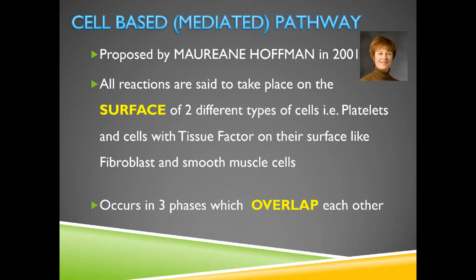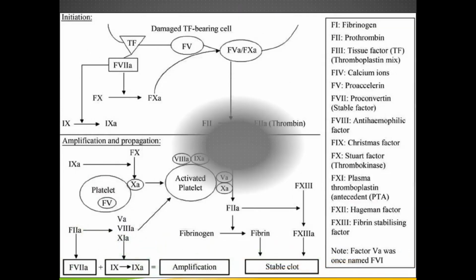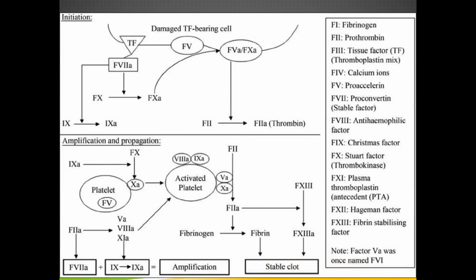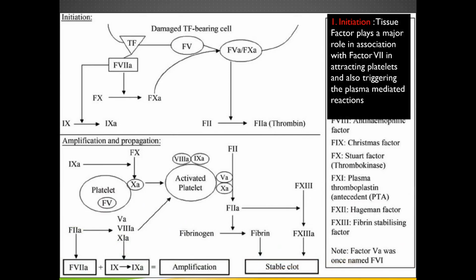Unlike the earlier concept of a separate extrinsic and separate intrinsic pathway which finally meet in the final common pathway, they say these three phases overlap: initiation, amplification, and propagation, where all these factors are interlinked with each other.